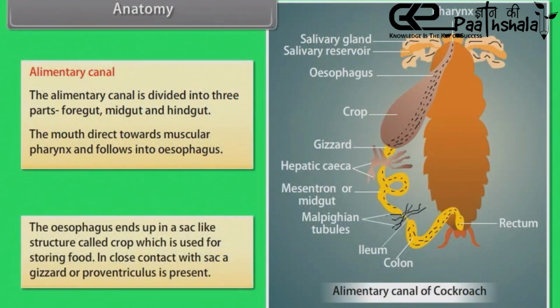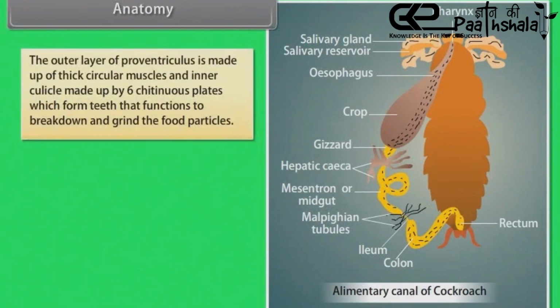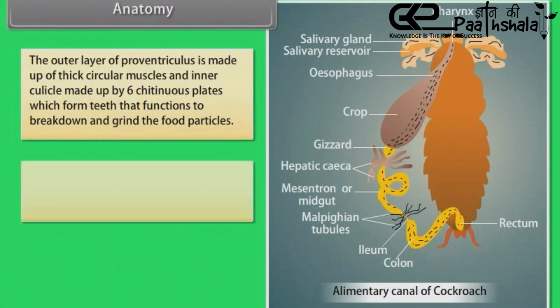In close contact with the crop, a gizzard or proventriculus is present. The outer layer of the proventriculus is made up of thick circular muscles and the inner cuticle is made up of 6 chitinous plates, which form teeth that function to break down and grind the food particles.